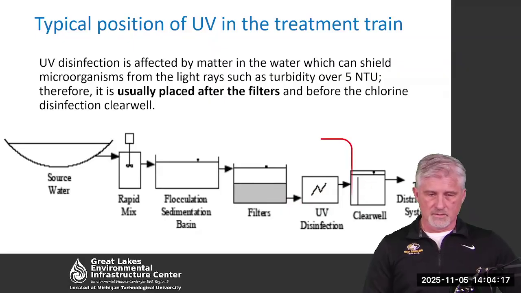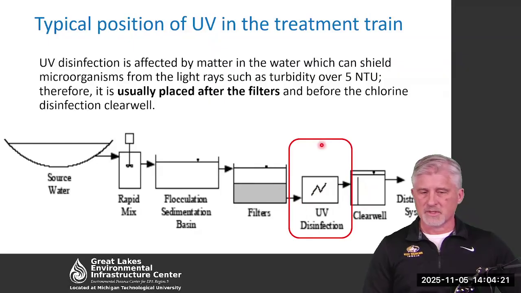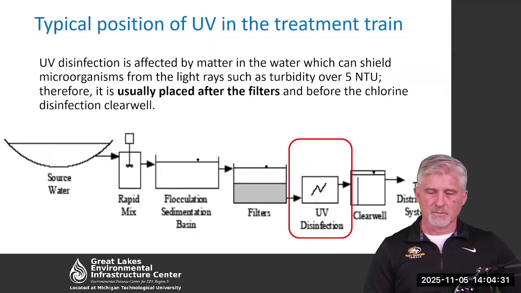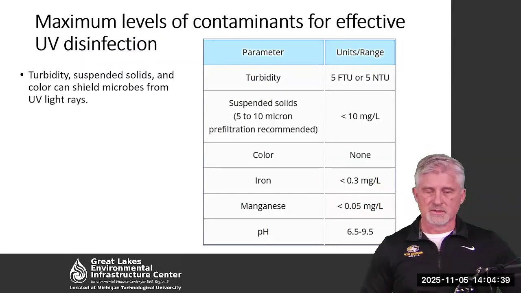So that's where UV disinfection typically happens, and that makes sense because we said it needs to have pretty clean water. The cleanest water we're going to find is after all the treatment that's done prior to that cleans the water up. And then chlorine disinfection is going to happen prior to the clear well and off to the distribution system.